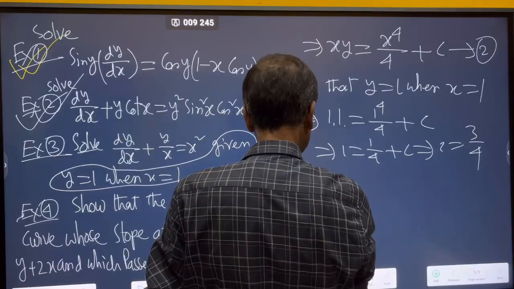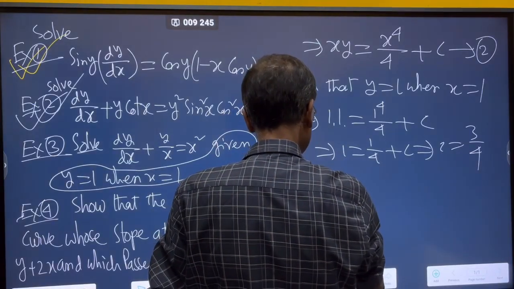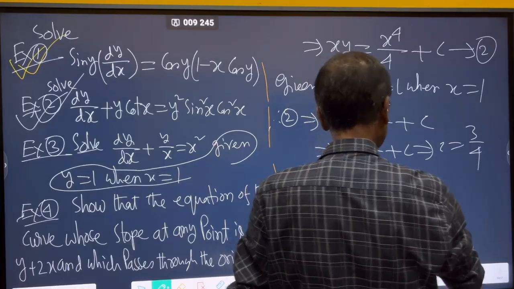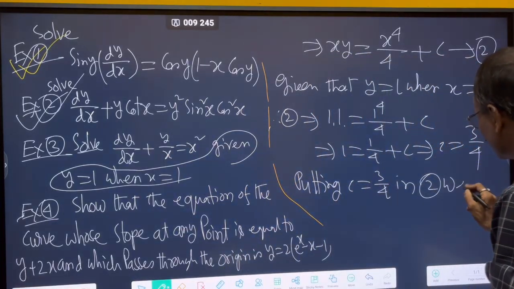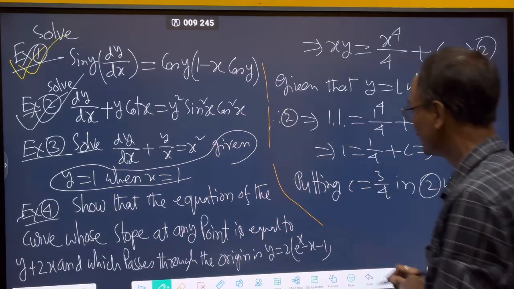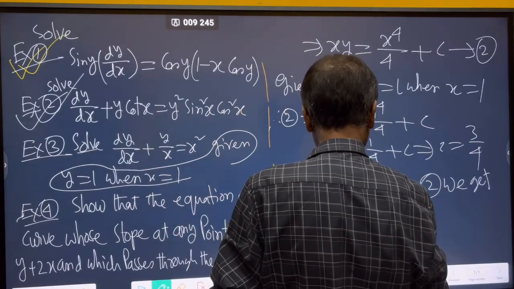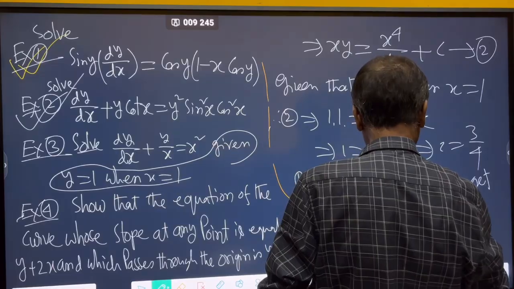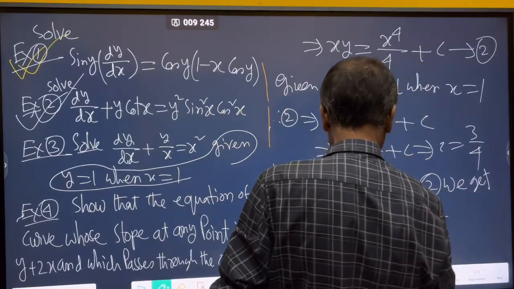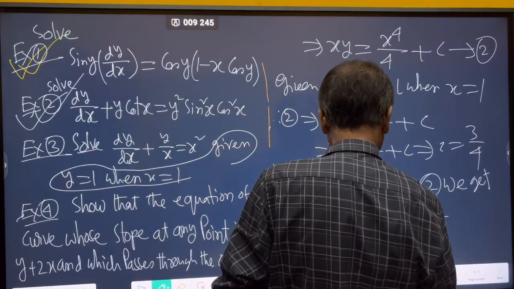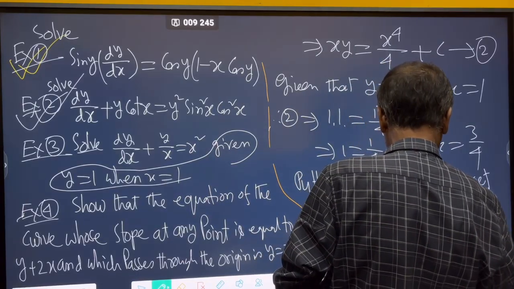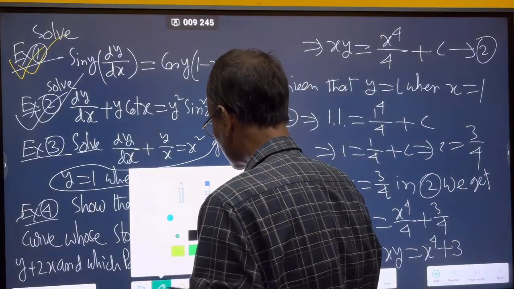Therefore, putting c is equal to 3 by 4, we get xy equal to x to the power 4 by 4 plus 3 by 4. This means 4xy equal to x to the power 4 plus 3.